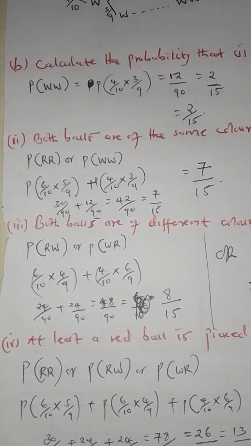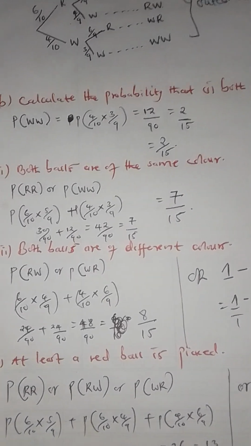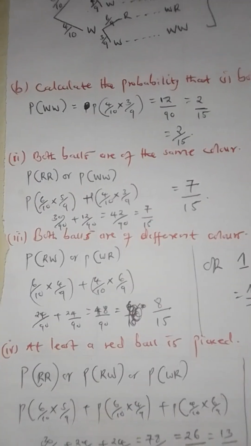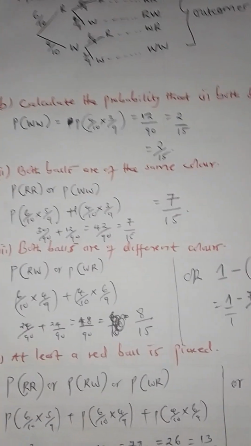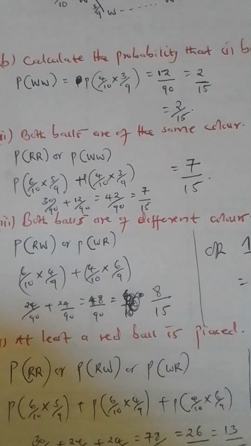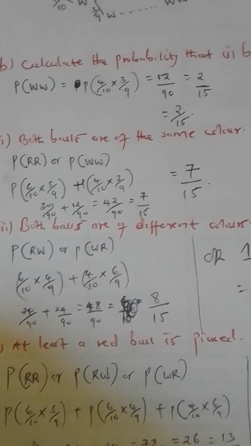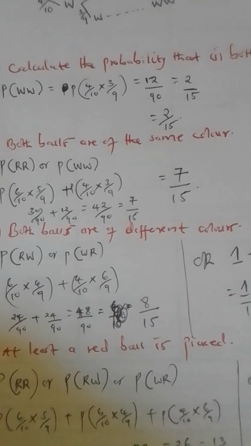Also, we can find the probability of picking red white or white red, because those are the outcomes which have different colors. From red white, we have 6 over 10 times 4 over 9, then plus 4 over 10 times 6 over 9.